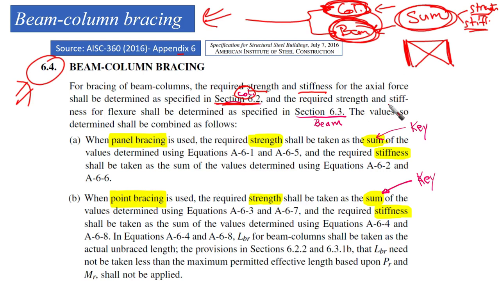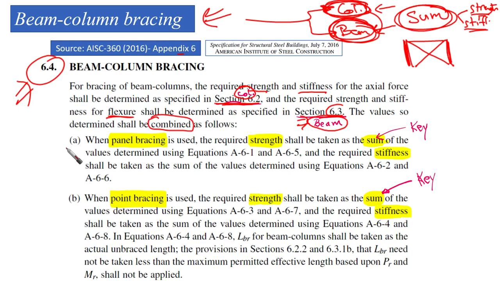And the required strength and stiffness for flexure shall be determined as specified in section 6.3, which means beams. I'm going to show you the equations that are going to be used for columns and beams stability bracing in a few minutes. The values so determined shall be combined. Look here, shall be combined.